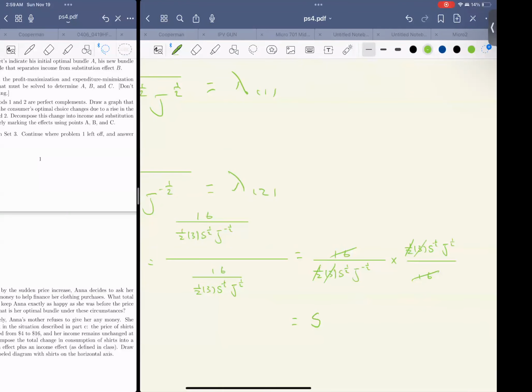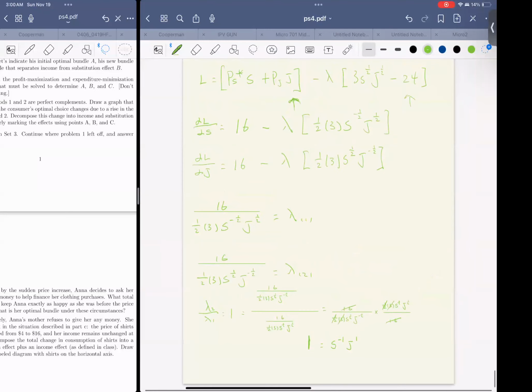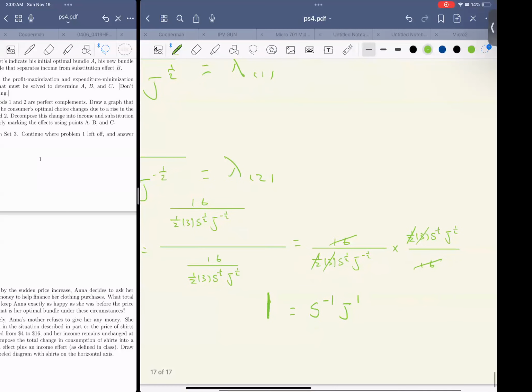S to the negative 1, J to the 1 equals 1. All right.